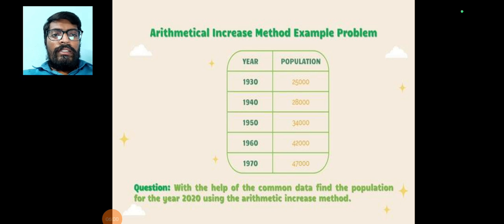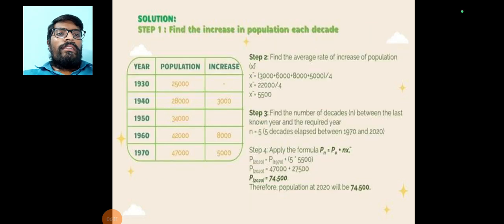Here one question is there: with the help of the above given data, find the population of the year 2020 by using the arithmetic method. The arithmetic method formula is Pn is equal to P naught plus n into I.